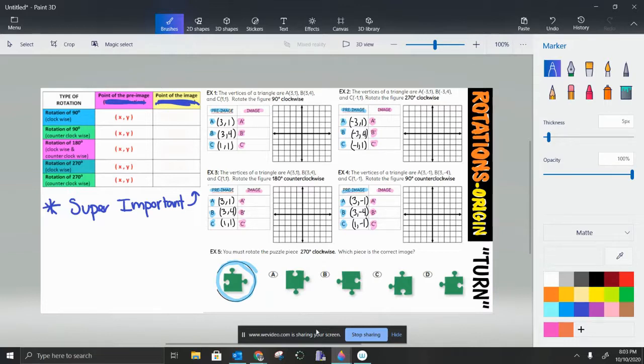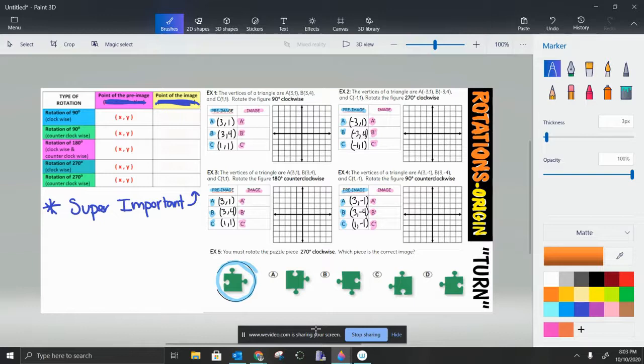Okay, so our rules for rotations. These work a lot like the reflection rules worked in the last lesson. Basically we're going to use these rules to change the ordered pair of a point in order to rotate it.